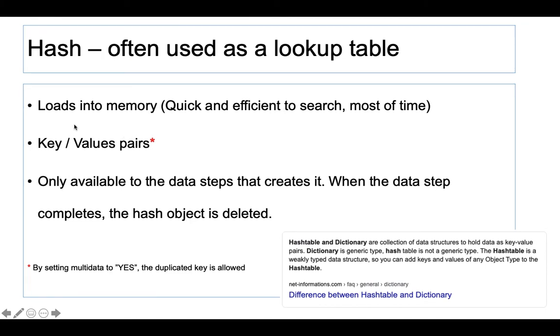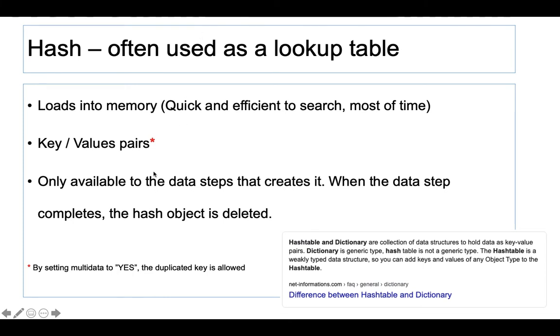And then the hash table has key and value pairs. So you have a key, and then you have the values, just the same as a dictionary, if you are familiar with that concept, except in SAS they allow you to have duplicate keys. I don't really see a practical use of that, but you can have a duplicate key here, so that's why I put a note here.